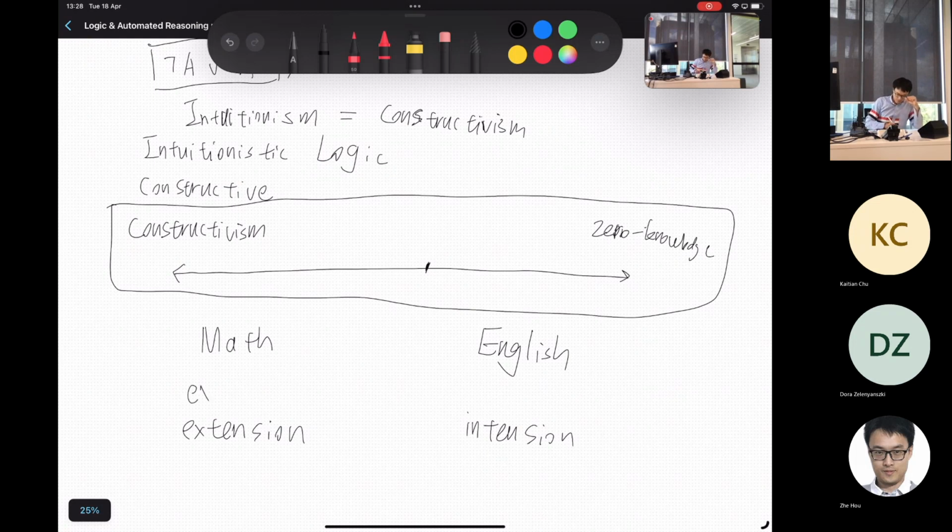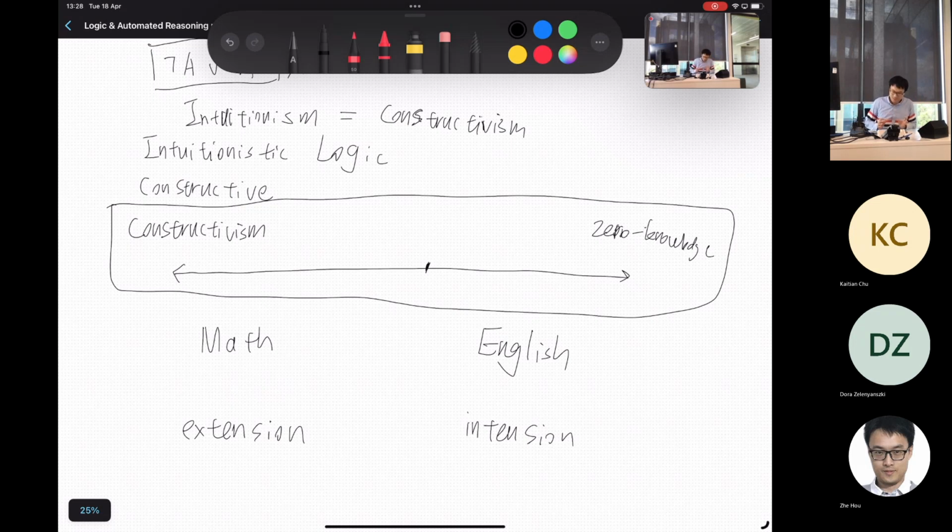There's also the other word, extension, spelled with a T instead of an S, and that's a different word. That's not the word we're talking about today. The word we're talking about today is intension versus extension. Mathematicians and philosophers back then thought that the majority of mathematics is talking about extension, whereas English, literature and the other side of the studies are looking at intension.